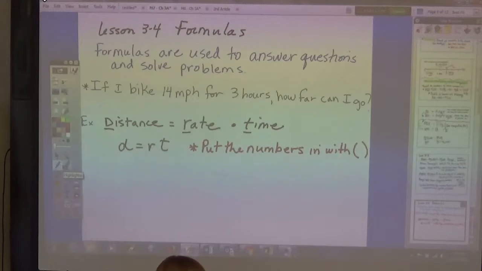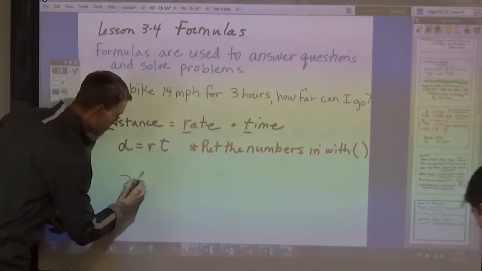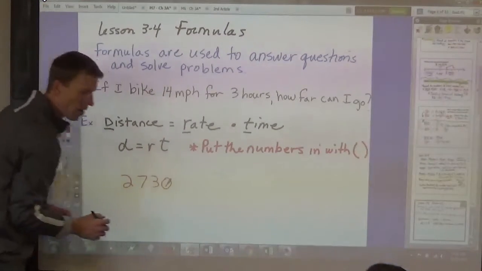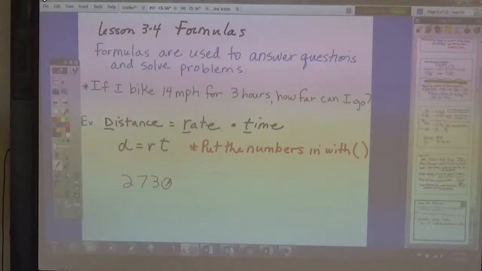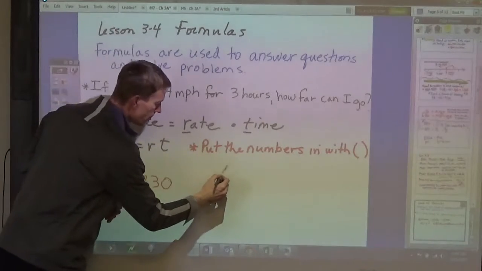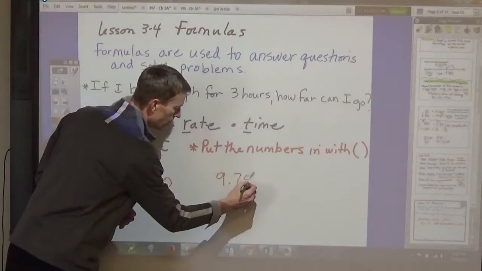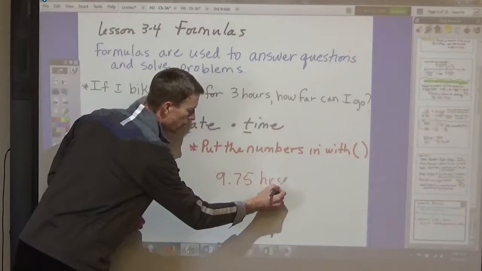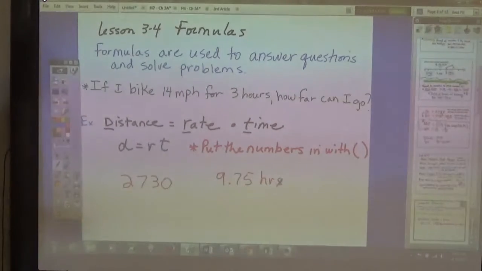So, for example, if the distance were 2,730 miles that you traveled, and it took 9.75 hours, then you can put those numbers into the formula.